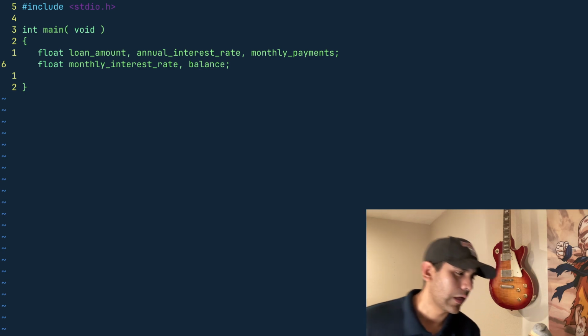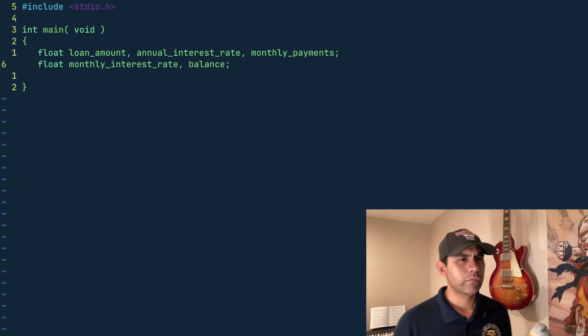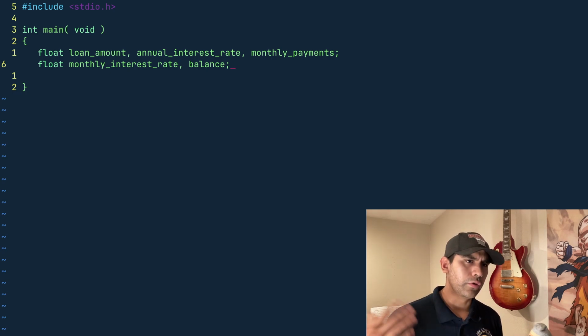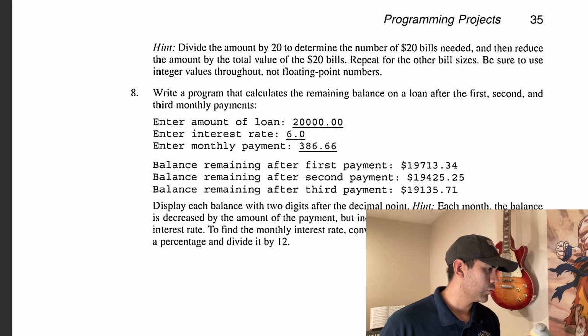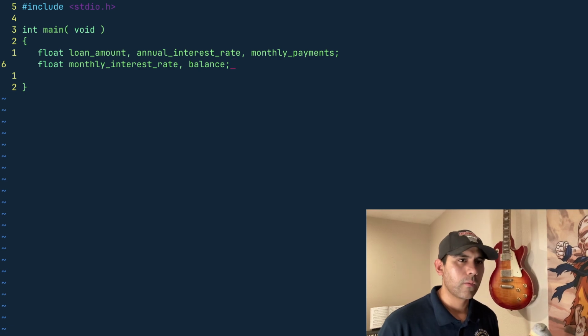Okay. All right. So now we have to ask our user, like in the example we had right here, for their loan amount, their interest rate, and the monthly payment.